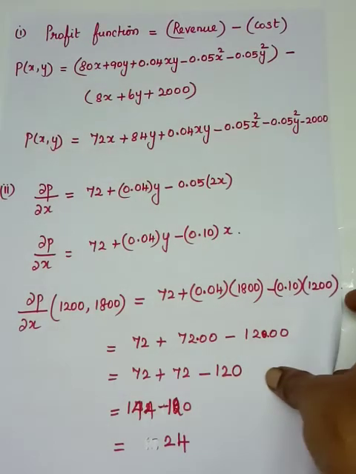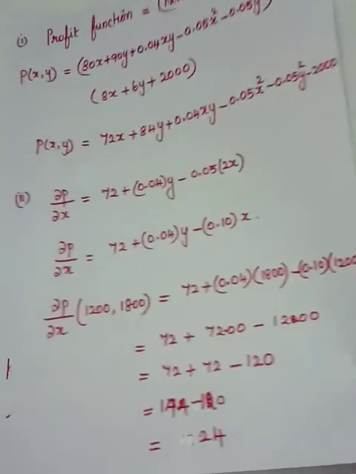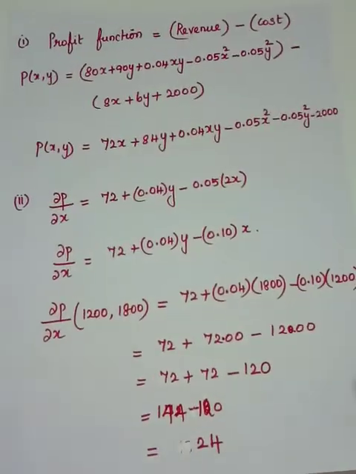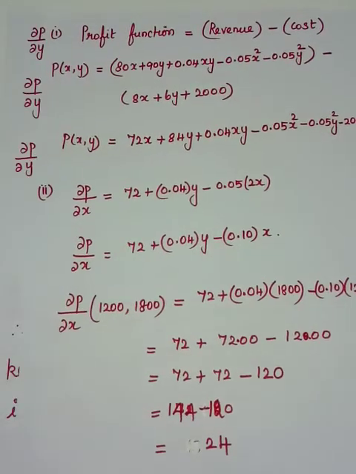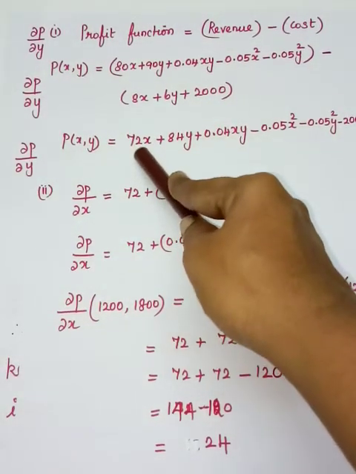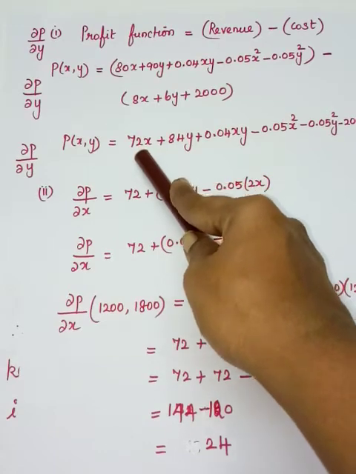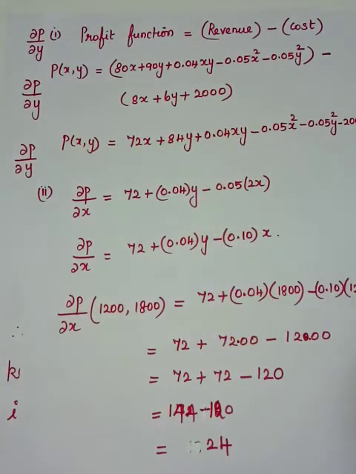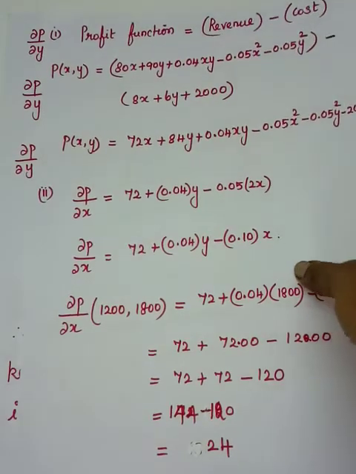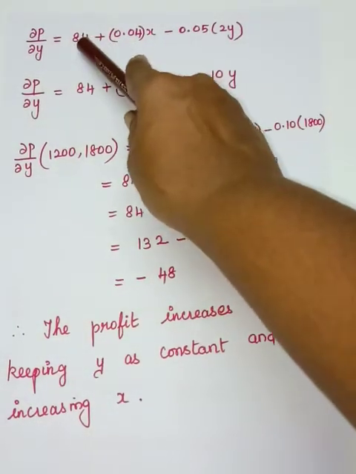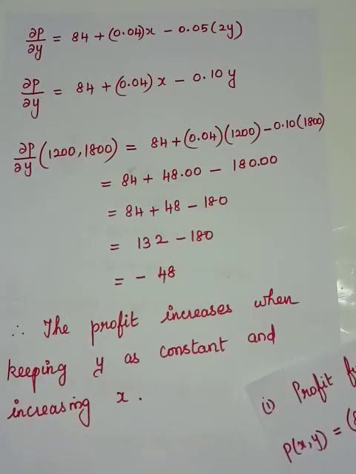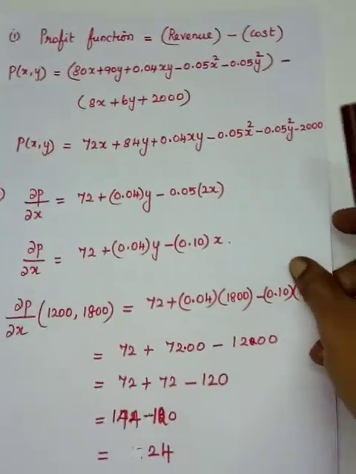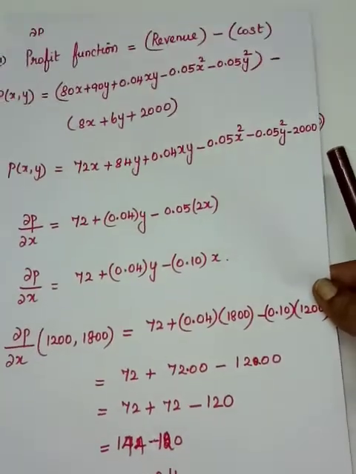In the same way, you are going to differentiate the profit function with respect to y. Okay, so look at the profit function. First term, 72x, is a constant, so its differentiation is 0. And come to here, 84y. If you differentiate partially with respect to y, it is 84. Next come to the third term, 0.04xy.